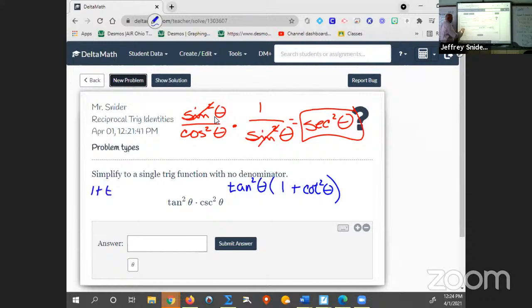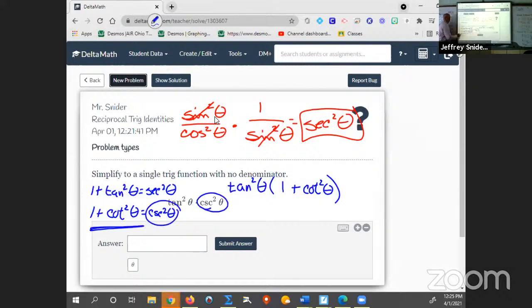We had 1 plus tangent squared theta, and we had 1 plus cotangent squared theta. What was what? 1 plus tan was secant squared theta, and this was cosecant squared theta. So all I did is replace this with that idea. That's all I'm doing in my head. Is that okay to do that? But if I do this, I better get the exact same answer.